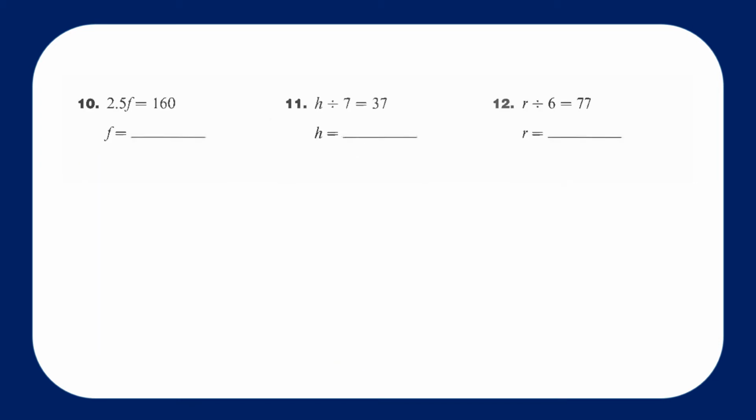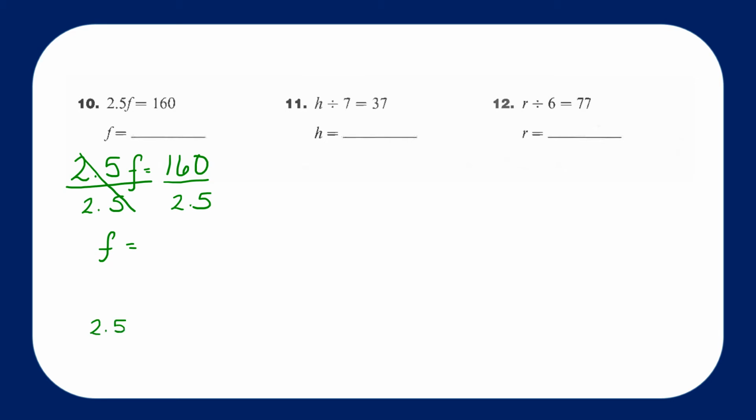Question number 10. 2.5 times f equals 160. I'm going to divide by 2.5 on both sides. It's going to cancel out on the left, and f equals 160 divided by 2.5.